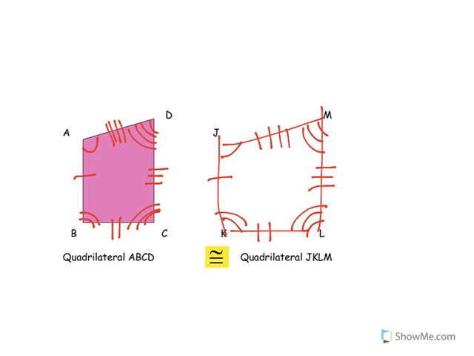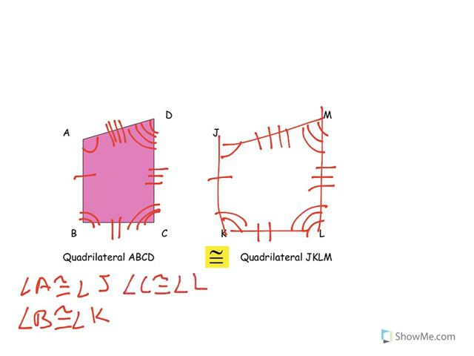So we can say that angle A is congruent to angle J, and angle B is congruent to angle K, and angle C is congruent to angle L, and angle D is congruent to angle M. They need to be in that order.